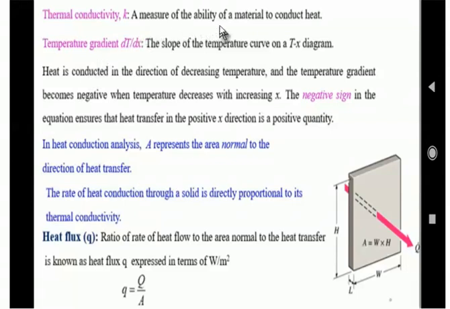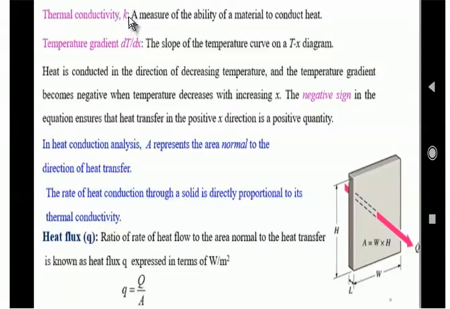It is a measure of the ability of a material to conduct heat. That means the capability of a material to allow heat to flow in that material. The heat is flowing from one point to another point, so that ability to conduct heat determines the amount of heat flowing.